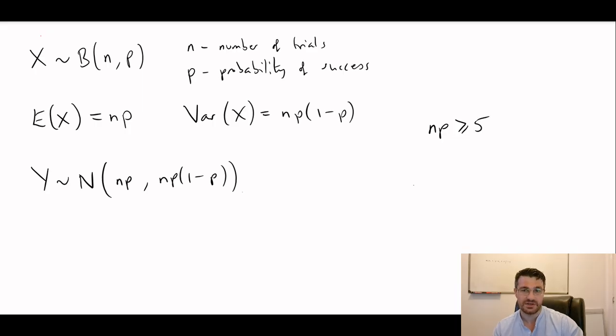Now, it really does depend on the specific author that you refer to. What I would suggest is that you check the specification for whichever exam board you're doing for your A-level maths course. What does the specification say? Because it might vary slightly from one specification to another. Just check your specification and stick to that, whatever it says, and you can't go wrong.